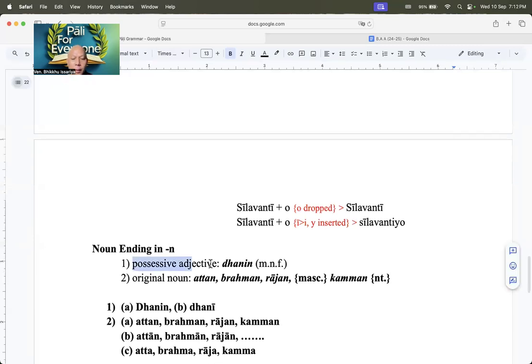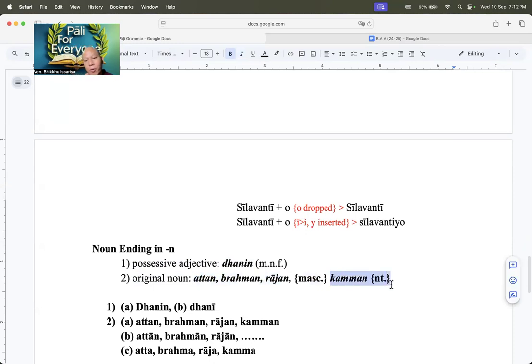One is a possessive adjective, the other one is an original noun. Nouns like attan, brahman, rājan: these three words are masculine nouns. But kamman is a neuter noun.